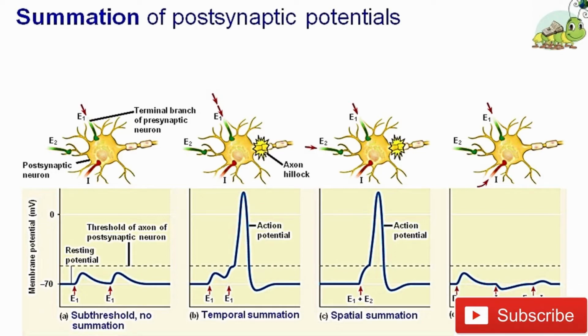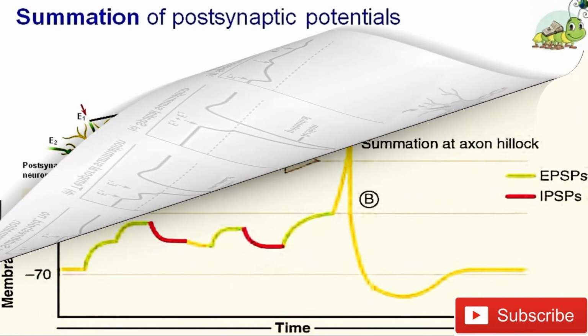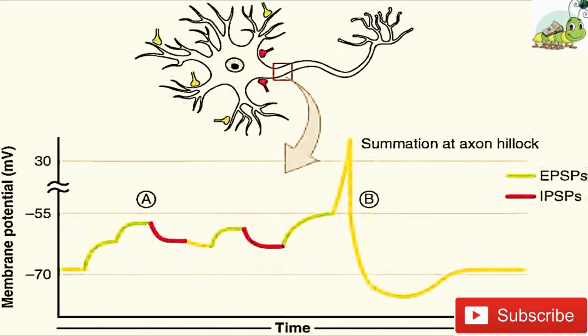Graded potentials summate at a specific location at the beginning of the axon to initiate the action potential, namely the initial segment. For sensory neurons, which do not have a cell body between the dendrites and the axon, the initial segment is directly adjacent to the dendritic endings. For all other neurons, the axon hillock is essentially the initial segment of the axon, and it is where summation takes place.